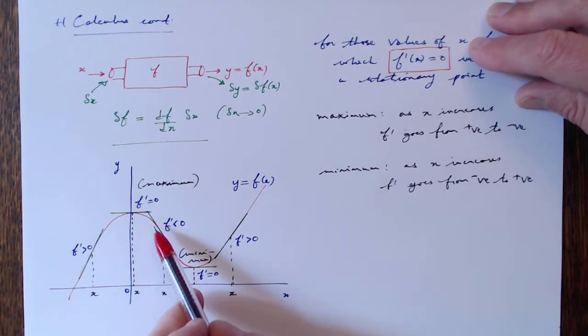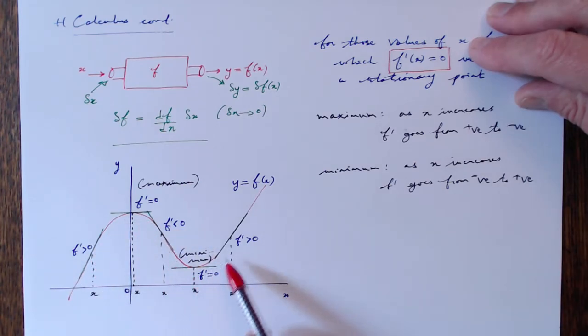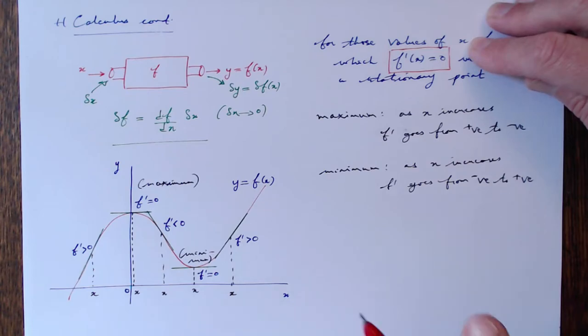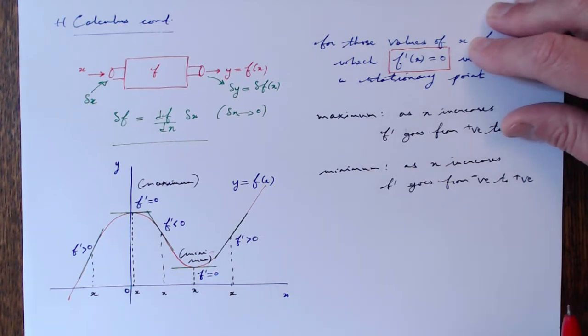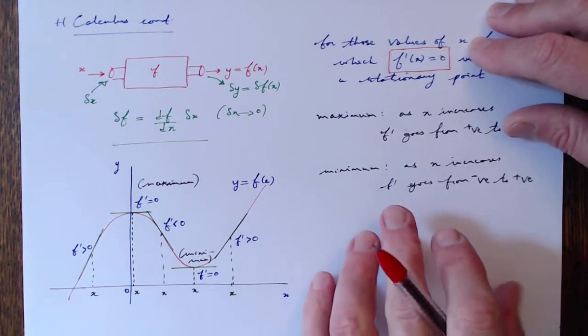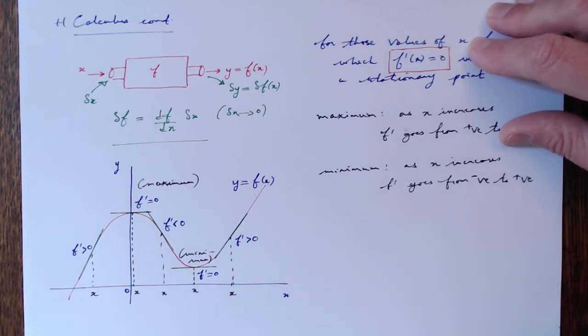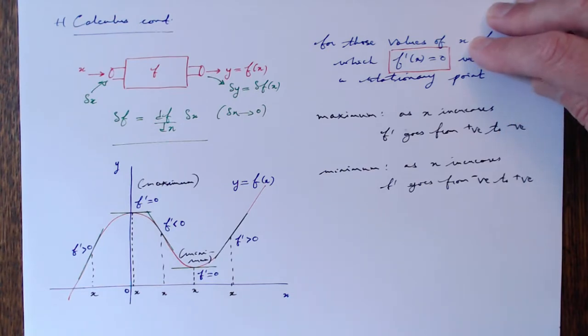Does it go from positive to negative, or does it go from negative to positive? If it happens to go from positive to positive or negative to negative, then we have these other types of stationary points, inflection points, but I'm not going to stress those right here in this first discussion of stationary points.